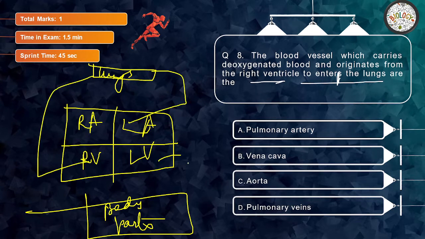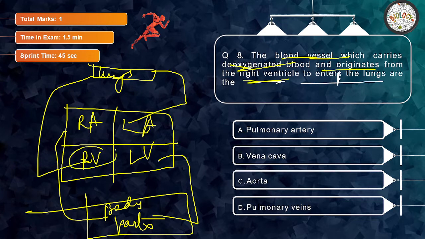So they are saying the blood vessel which carries deoxygenated blood and originates from the right ventricle to enter the lung. From the right ventricle towards the lungs, which is that.